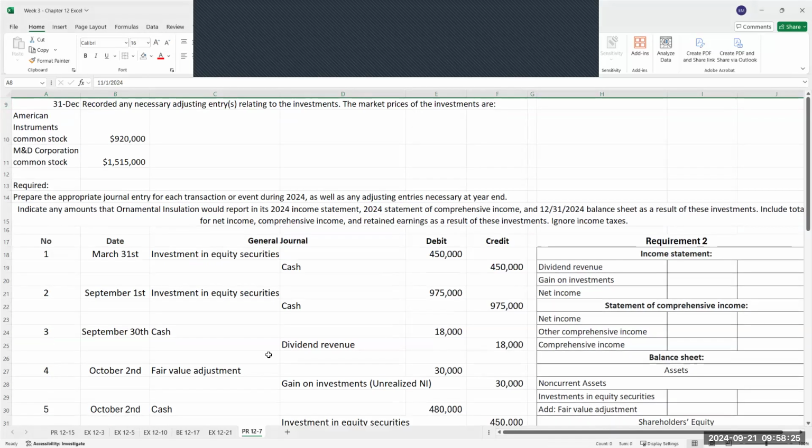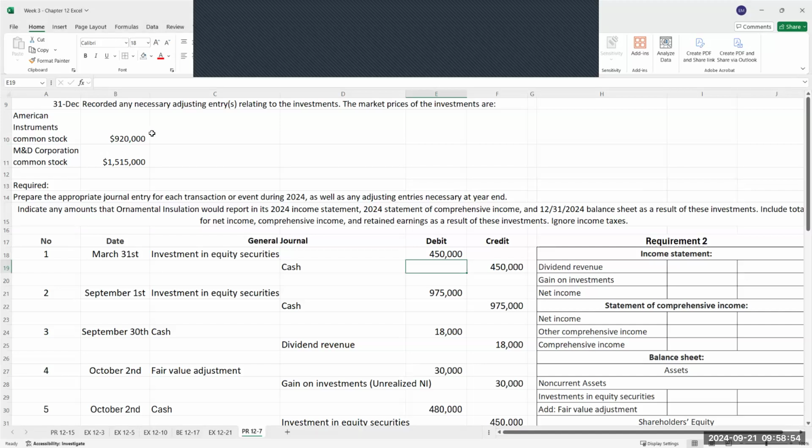All right. And now on December 31st, I'll hide this so we have more space. So now December 31st is saying to record any necessary adjusting entries relating to the investments. And then it basically lets us know the market price of these assets. So we no longer have this investment. We know that we sold it already. So we need to account for the American Instruments stock as well as our M&D Corporation stock.